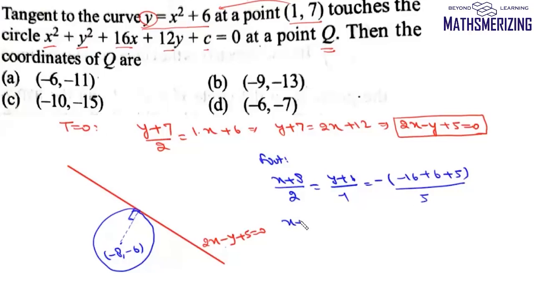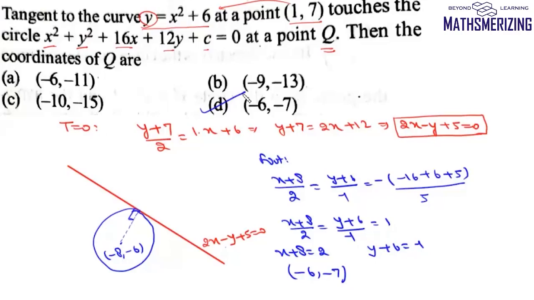So we'll get this value as (x plus 8) upon 2, (y plus 6) upon minus 1, and this is 11 by 5. So this is 1. So x plus 8 equals 2 and y plus 6 equals minus 1. So the value of x is minus 6 and the value of y is minus 7. So the coordinates of this point Q are (minus 6, minus 7).